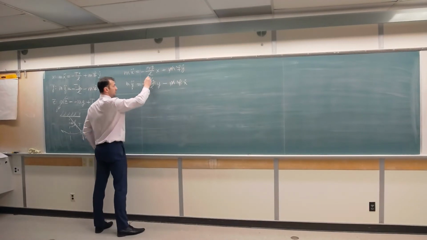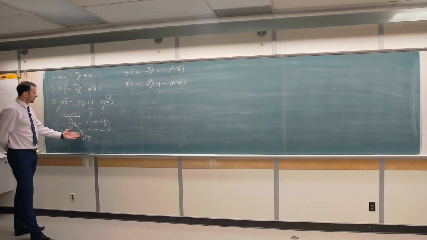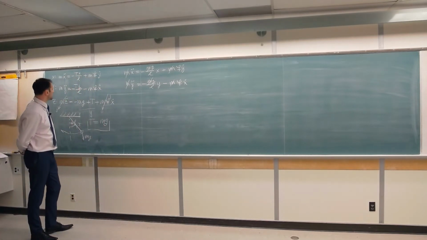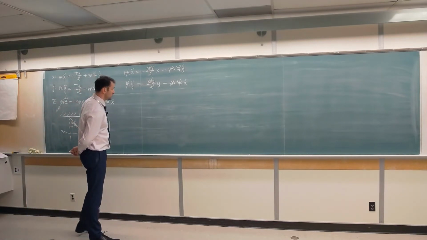Now notice that very conveniently, all masses cancel. So at the end of the day, it's not even important what the mass of the pendulum is if you accept these approximations that we introduced throughout the video.